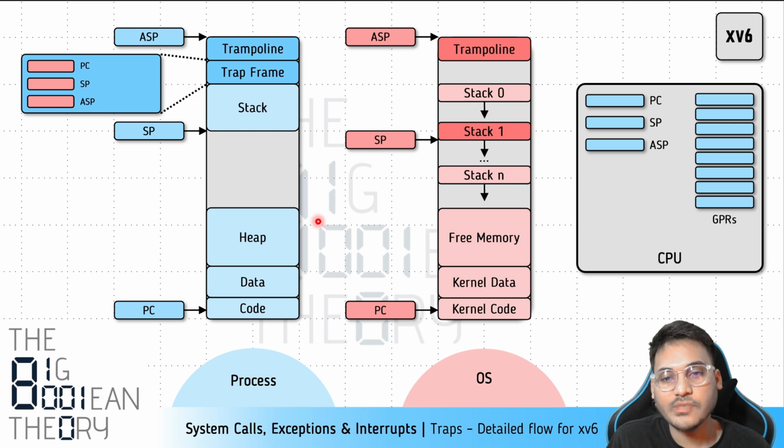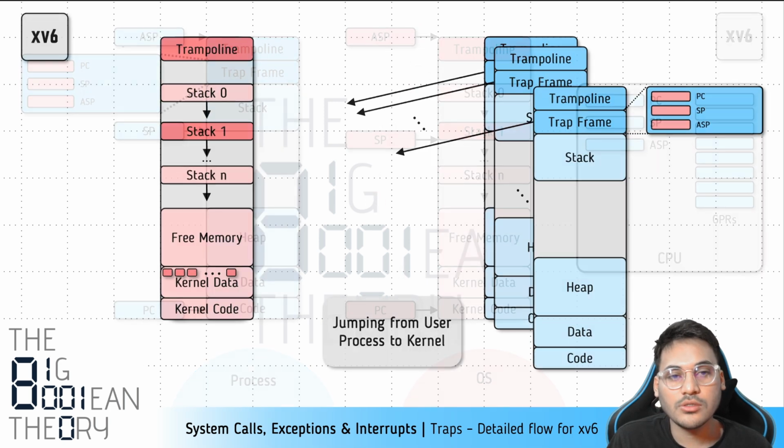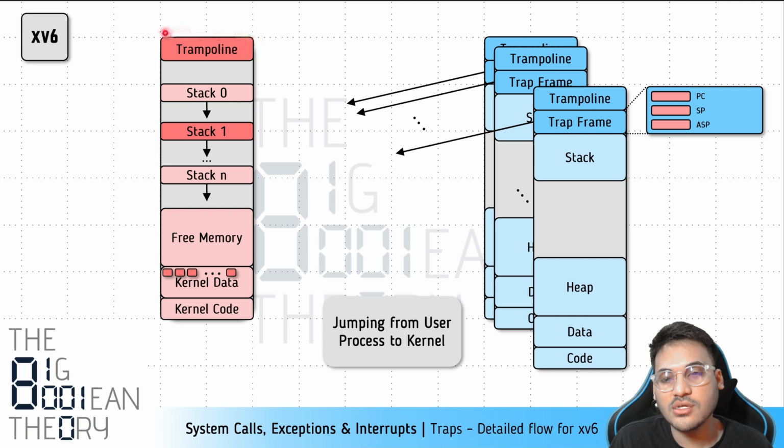So this is how a user process can make the switch to the kernel. It already has the values that are required to make the switch in its trap frame. It just needs to put these values in these registers, and it will reach this state. So this is how things look. This is the kernel address space.